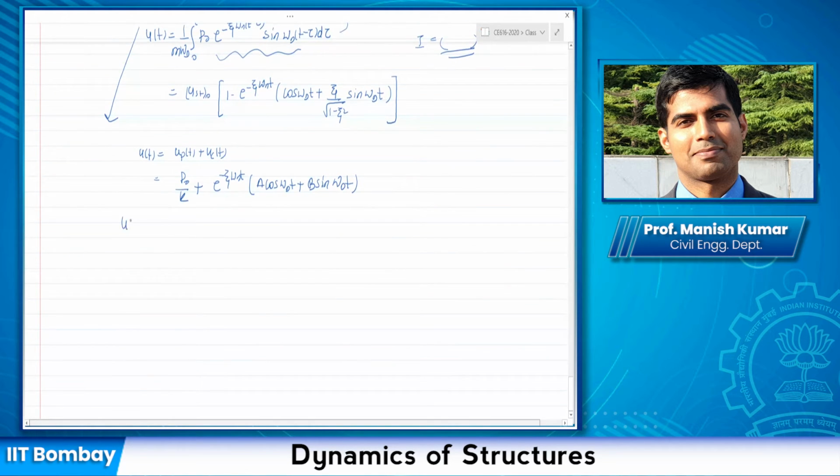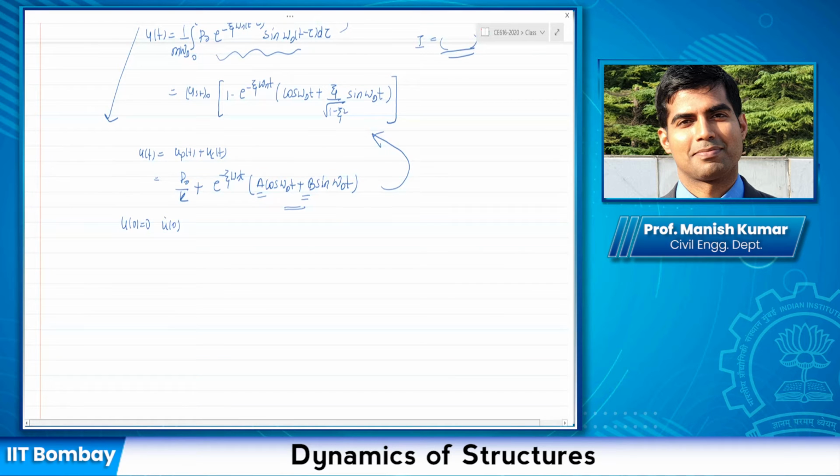Given the initial conditions u0 equal to 0 and u dot equal to 0, you can find these constants and get the same expression. It comes out much easier following this method, rather than following the Duhamel integral. So in these cases, you have to evaluate your options, to see which is a better option to find the response of the system.